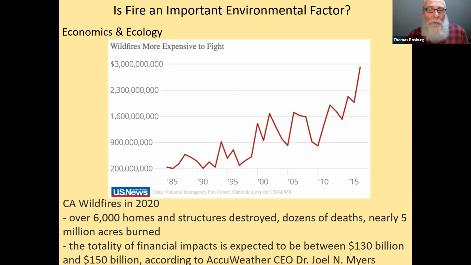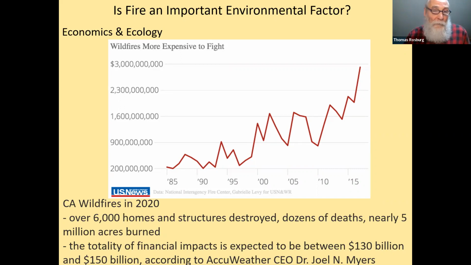We can think about the idea that some of this cost, of course, is involved in the tremendous number of structures that are destroyed. California wildfires in 2020: 6,000 homes, lots and lots of structures. Unfortunately, of course, many deaths as well. 130 billion, 150 billion in financial impacts there.